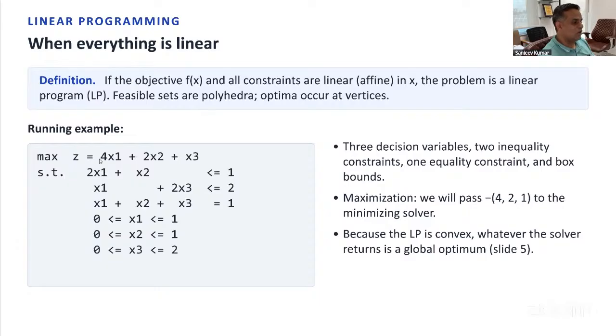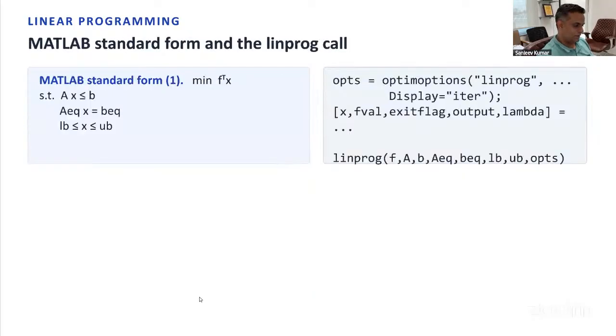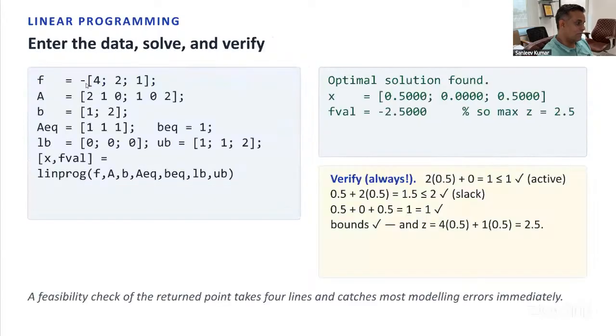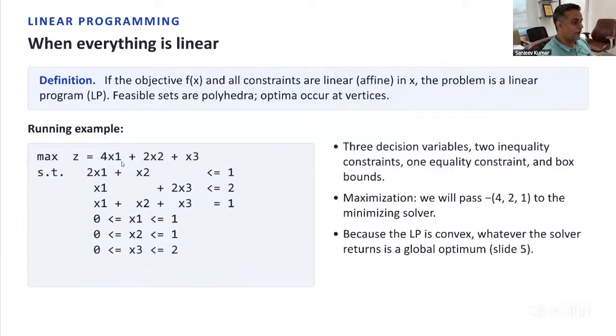Then the coefficients in the objective function will become -4, -2, and -1. So this is my f. f is just -4, -2, and -1. Then I need to pass the inequality constraint matrix.